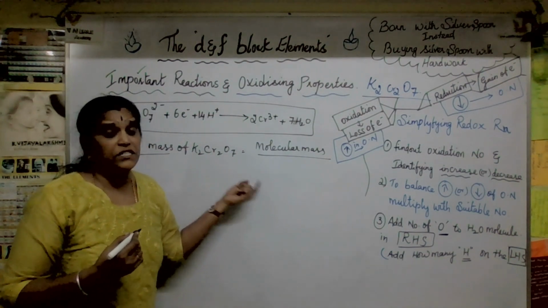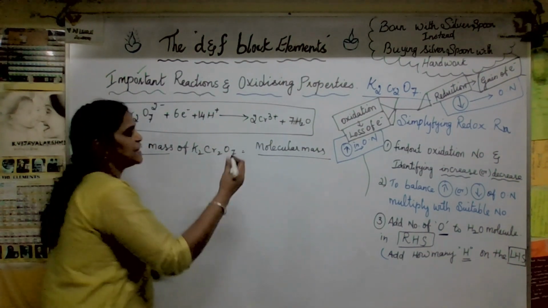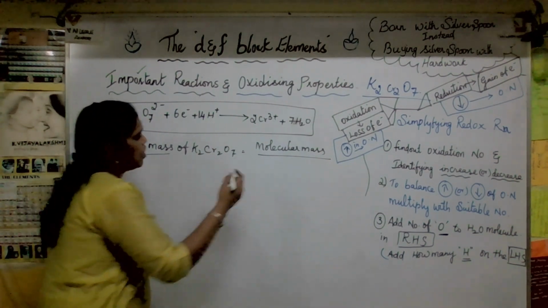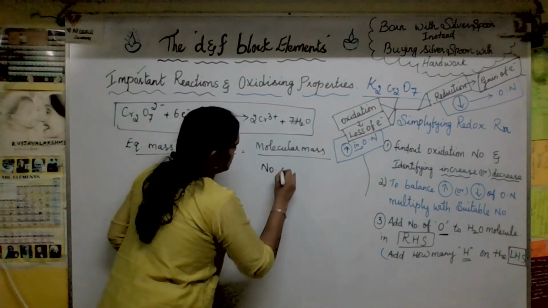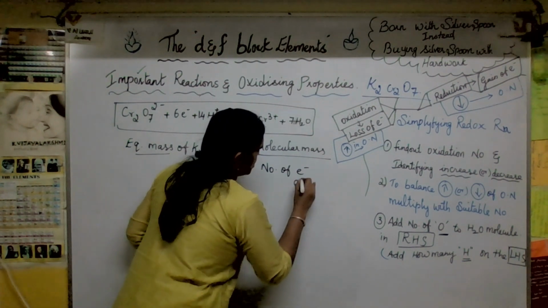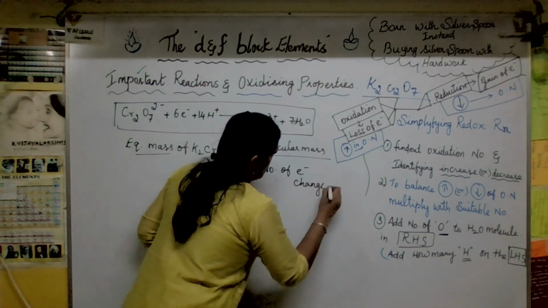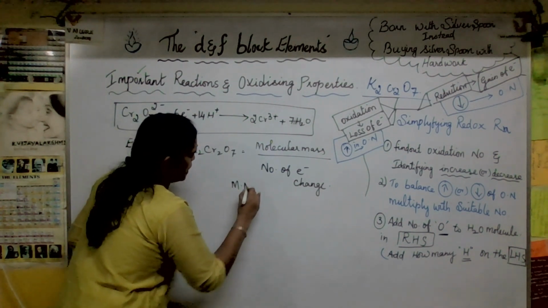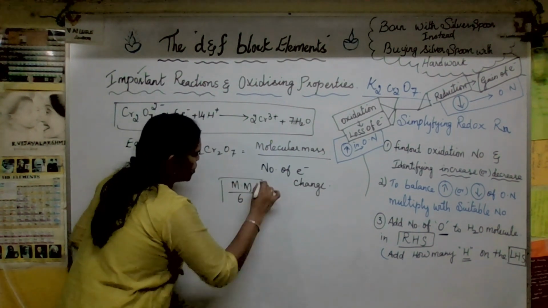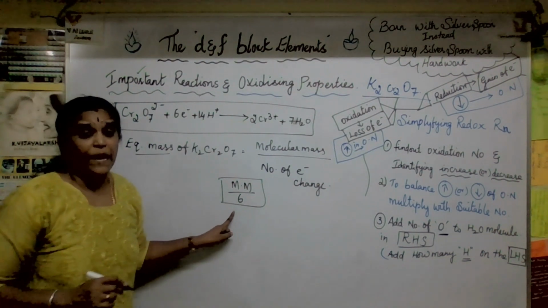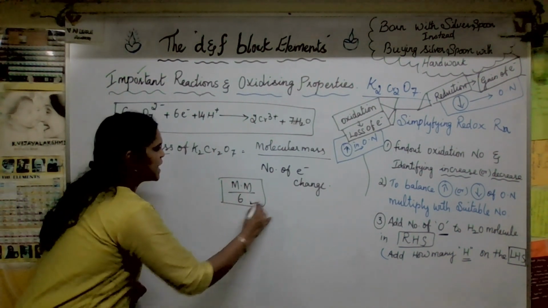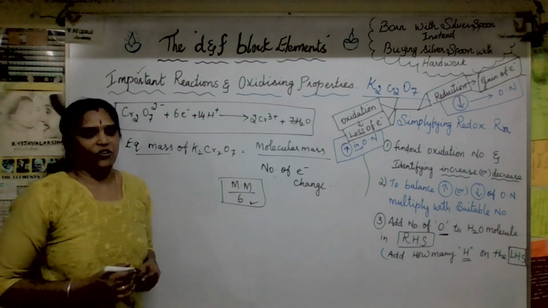That means the oxidation state change, how much it is, you have to provide. You can write it as oxidation state change, or number of electrons change. Here it is molecular mass divided by 6, because the number will vary depending upon the acidic medium and basic medium. That is what I just mentioned, number of electrons change.